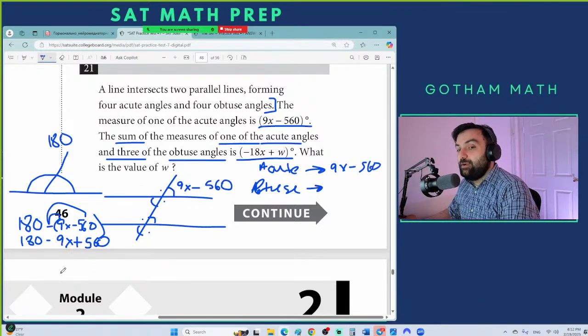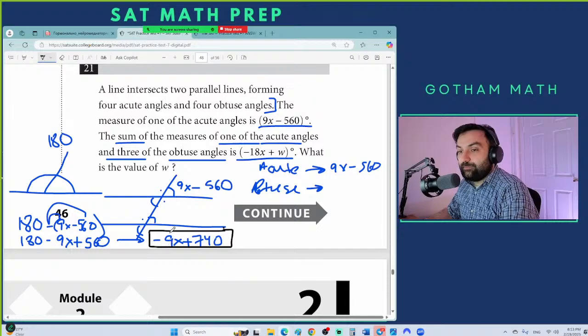One wrong move and the equation will be wrong, and then everything will be wrong. 180 and 560 add up to 740. So it's going to be negative 9x plus 740. And thus we just created a representation of one of the obtuse angles.